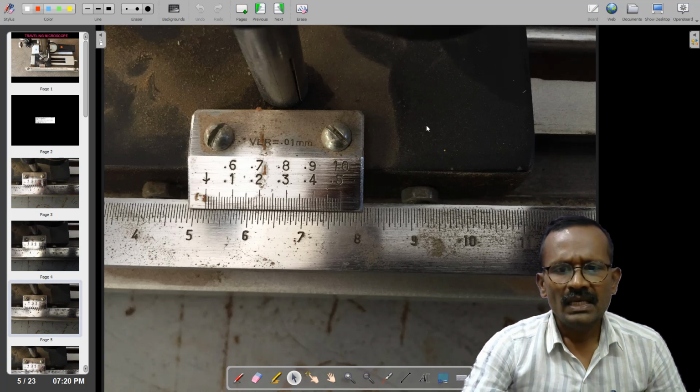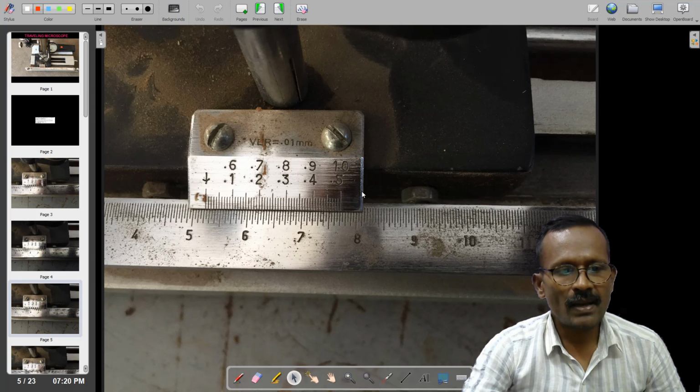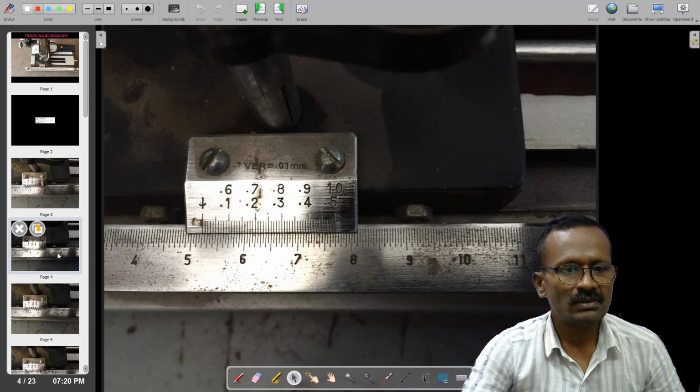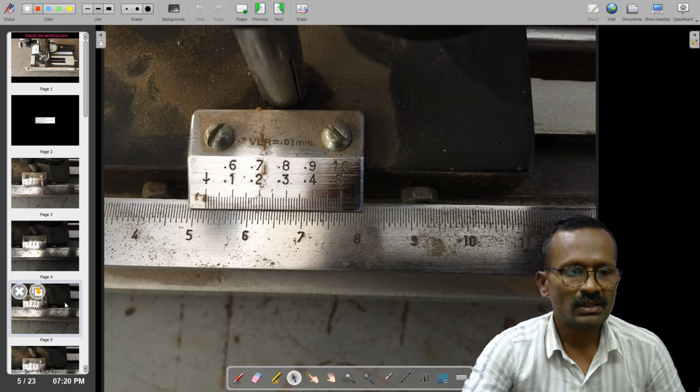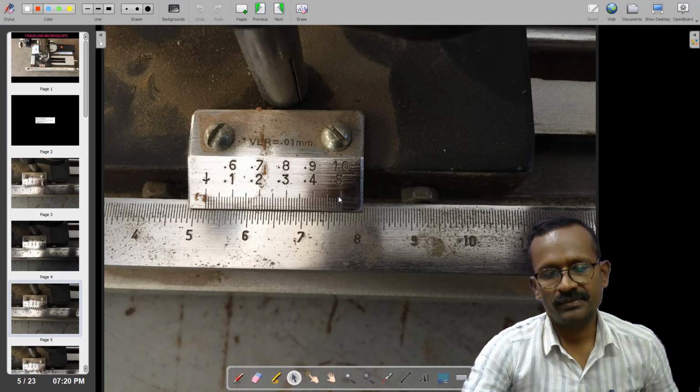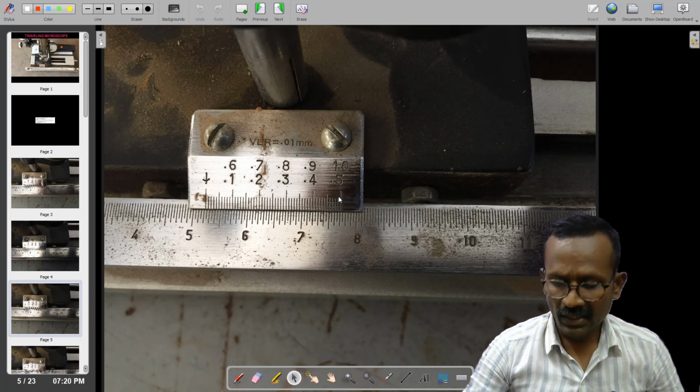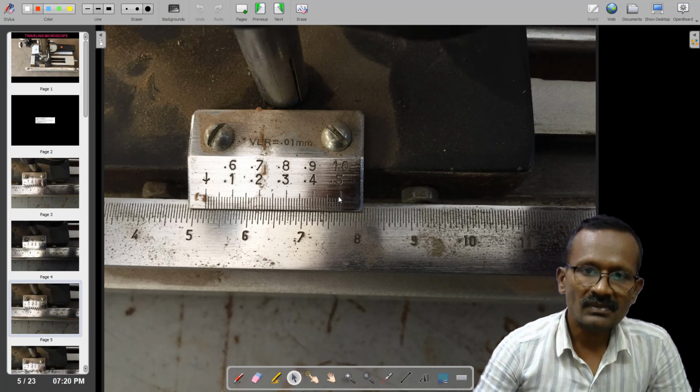See, I take this picture number 3, okay, I take the page number 4, right? Now I take the reading for this one.